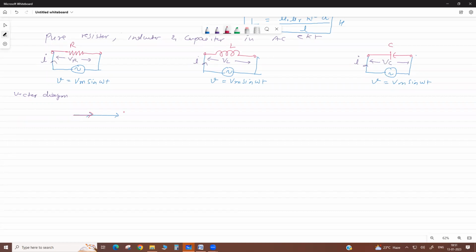So this is your voltage, this is your current. The phase difference is 0 degrees, and cos phi, therefore the power factor, cos phi is 1, unity.